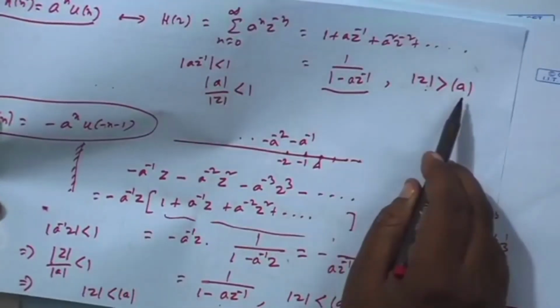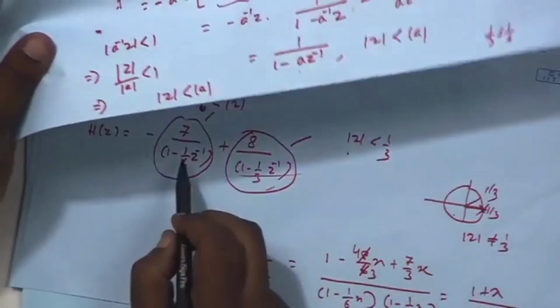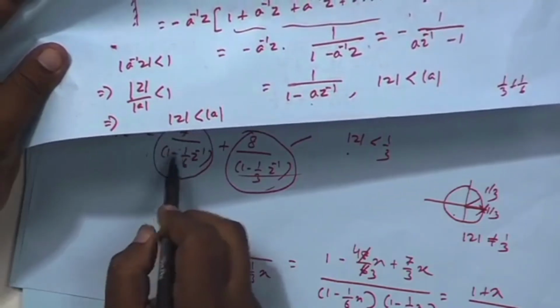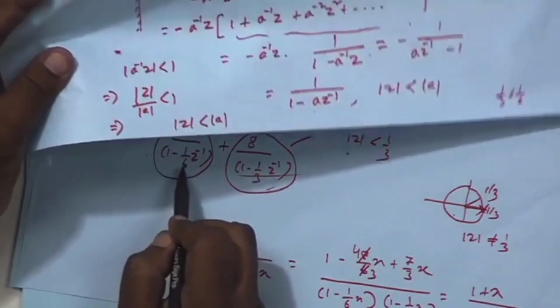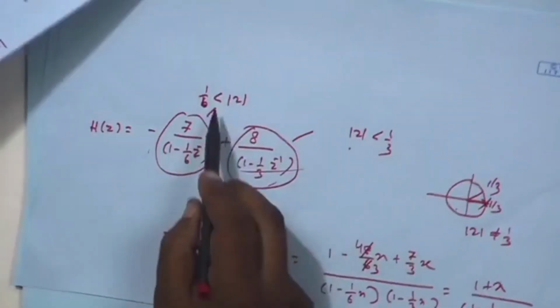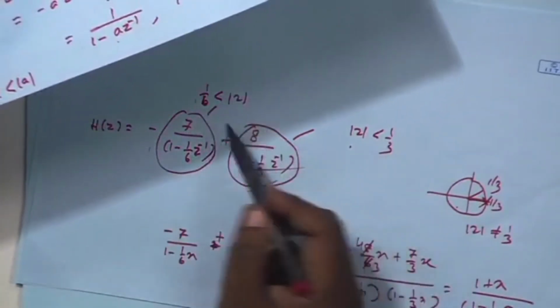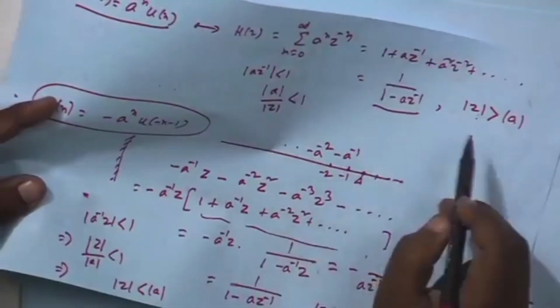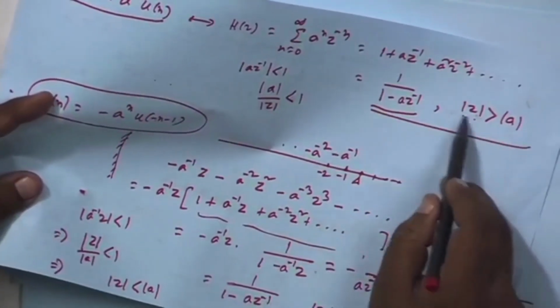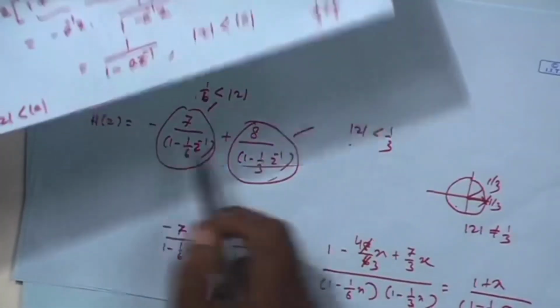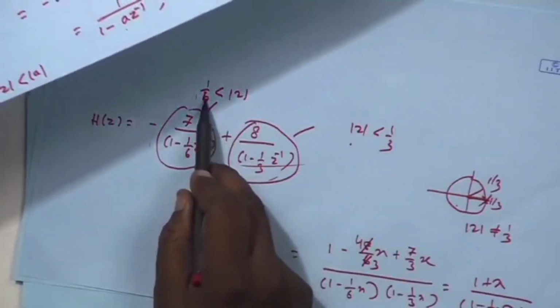It is of the form minus 7 by 1 minus a z inverse, a is 1 by 6 here, and ROC is mod z greater than mod a. Mod a is same as a, because a is a real positive number 1 by 6. So, it is conforming to this form, mod z greater than mod a. In this case a is 1 by 6, so mod of that is 1 by 6 itself. And mod of z greater than 1 by 6 is the ROC.